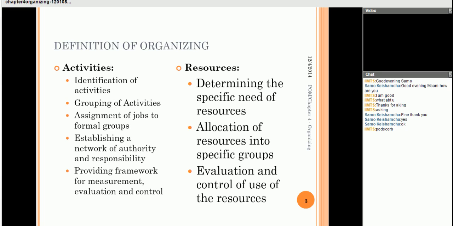Fine, Samuel? Okay. So first we'll define organizing.